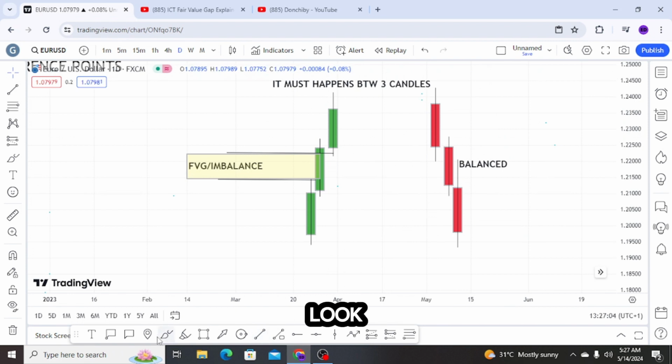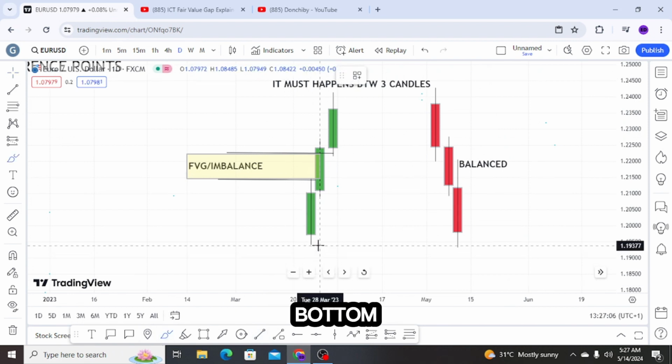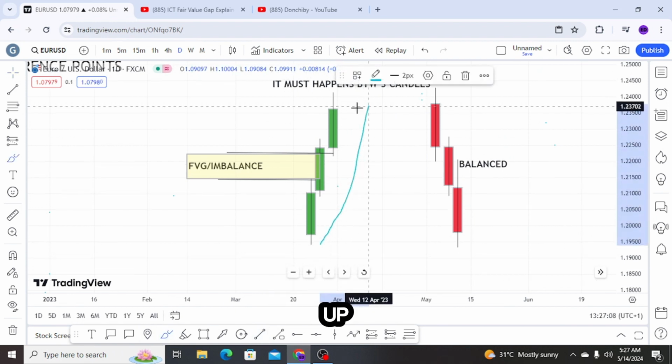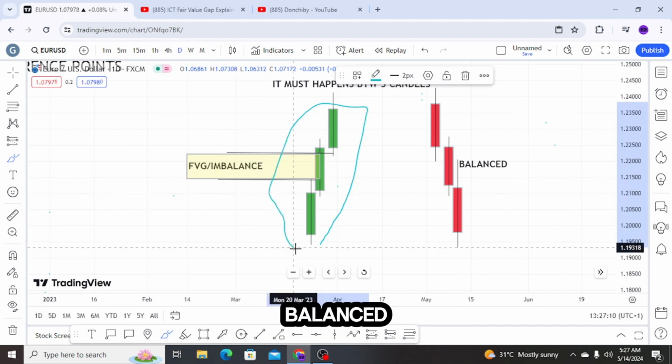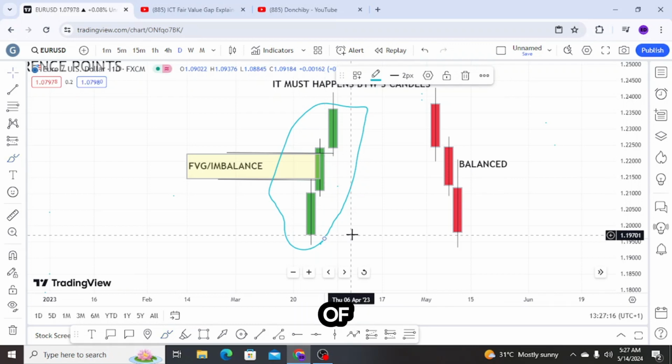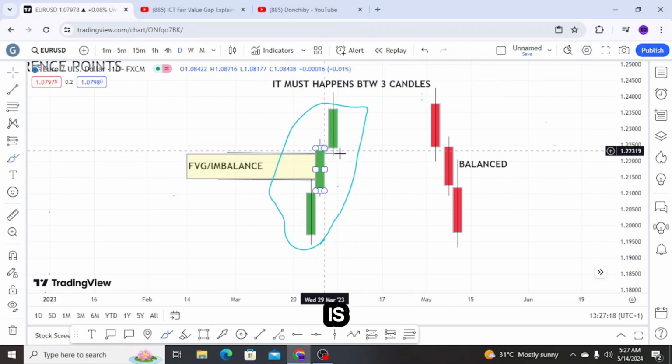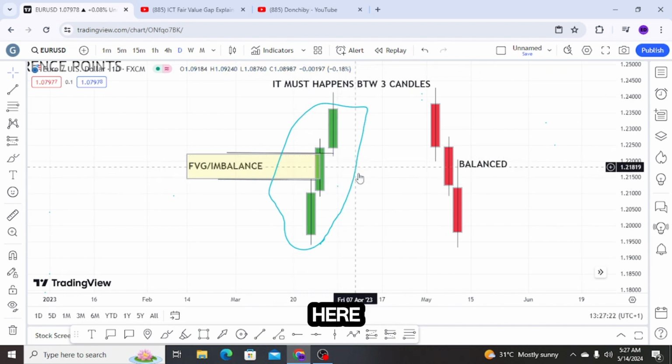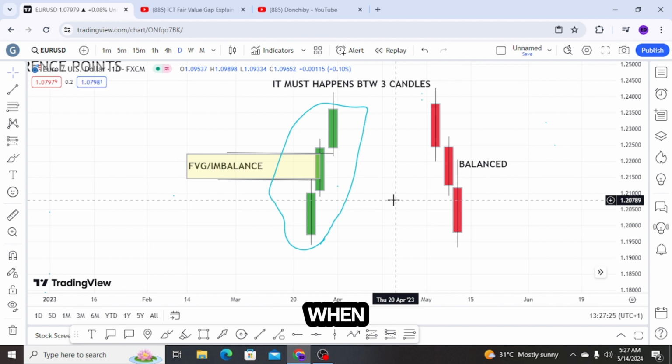When we look at this price action from the bottom up, it is not balanced. These 3 candles are not balanced. The wicks of the candles are not balanced. There is a gap between here and here. That is when you see a fair value gap.